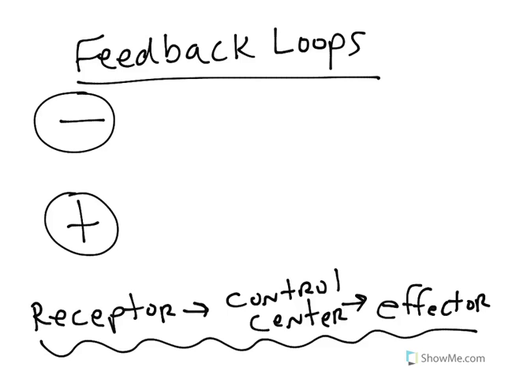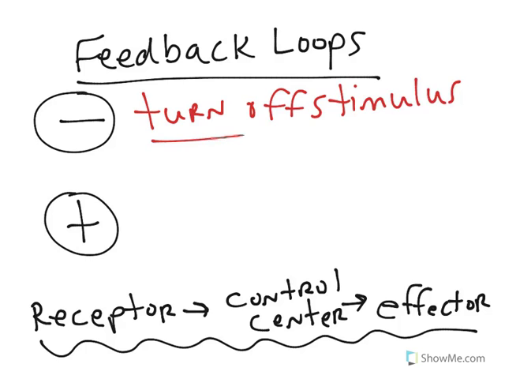Negative feedback loops turn off the stimulus. Say you go out into the sun in the middle of August, we live in Florida, and you stay out there for an hour. What's going to happen to your body? First of all, what is the external stimulus? It's the sun, it's heat. And what is that heat going to attempt to do to your body?